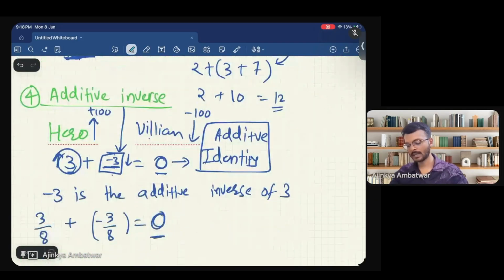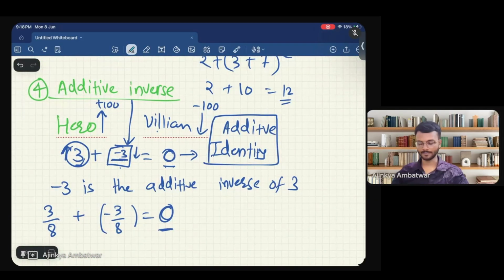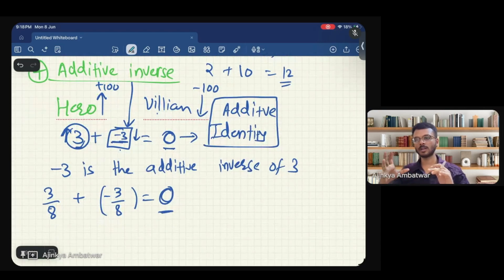So, समझ गए? Additive inverse and additive identity. Both are done. So, these are a few of the properties related to addition.